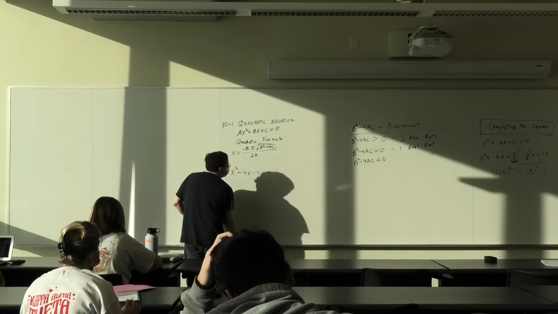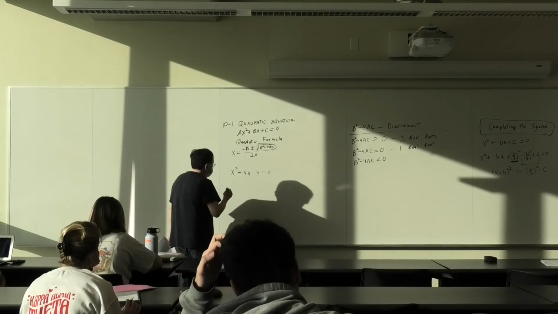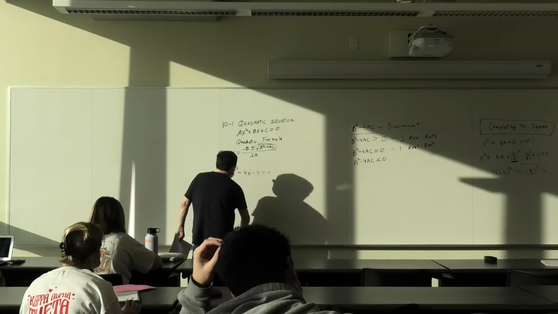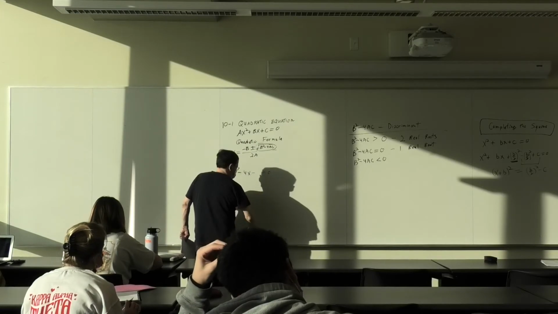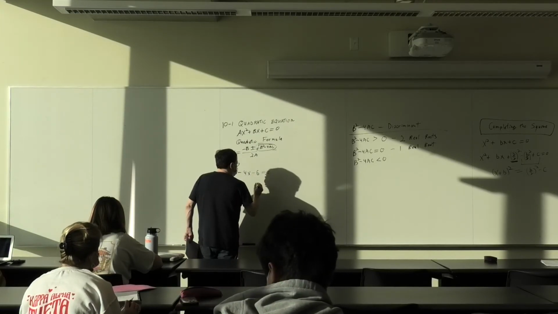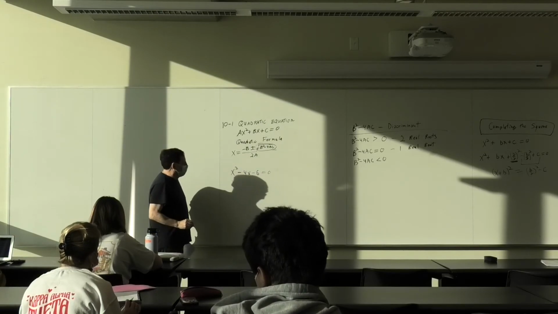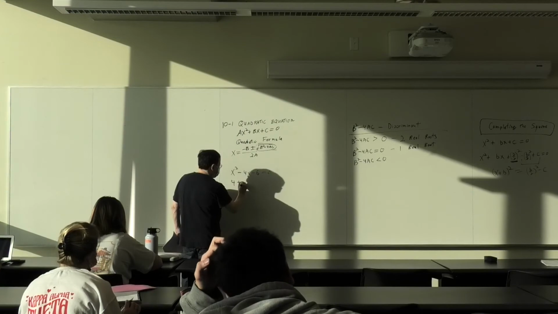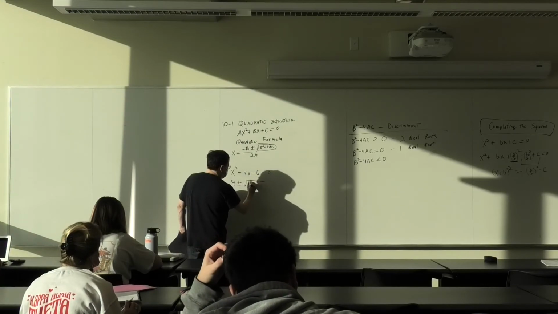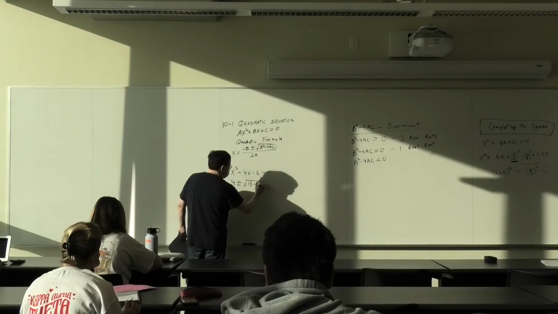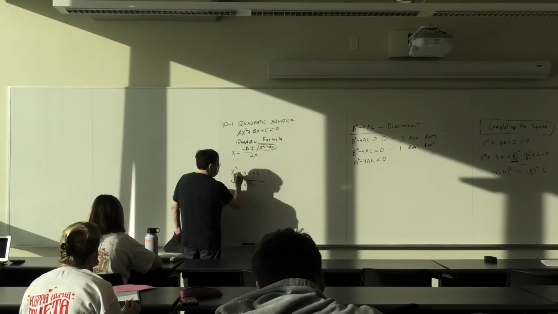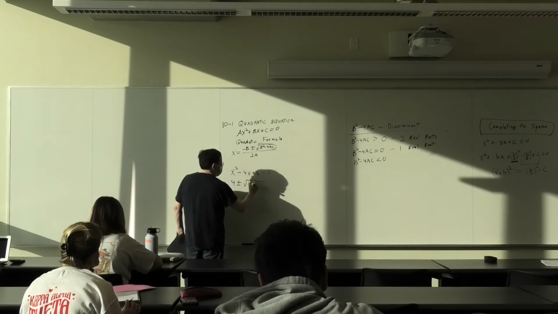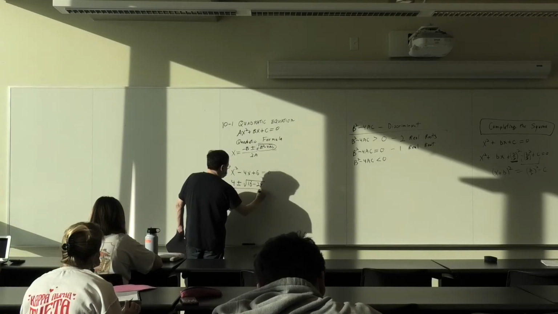I think if I do this, I'll get what I'm looking for. All right, 4 plus or minus the square root of 16 minus 4ac, right? That's 24 over 2.